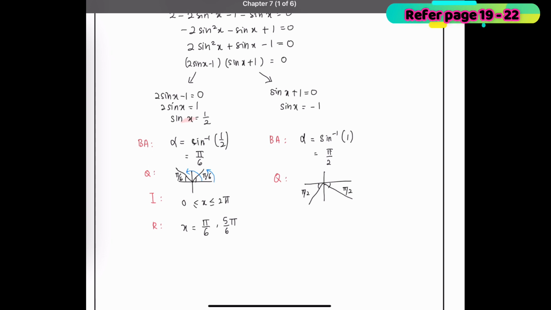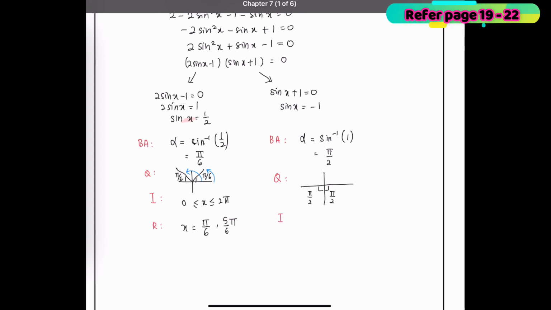Let's take a look at my drawing. Pi over 2 is basically right here. So we're going to delete the previous quadrant and draw like this, because this is pi over 2 and pi over 2.